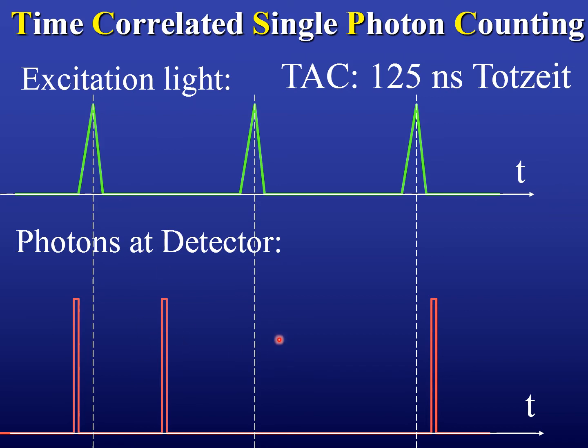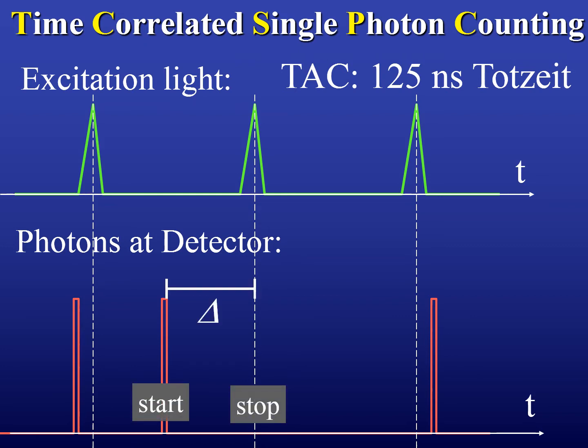That would be terrible. So what you do in reality is slightly different and much smarter: you use the photons as the start of the stopwatch. If a photon comes, and as I say, they come very rarely, much rarer than these pulses, then this photon starts the stopwatch, and the next pulse is the stop signal.